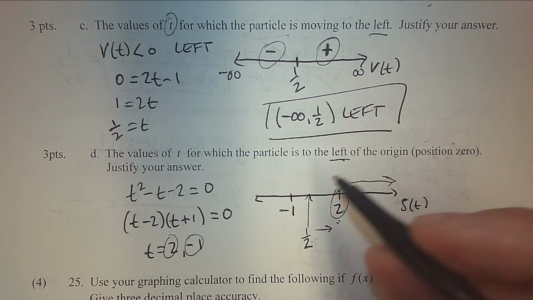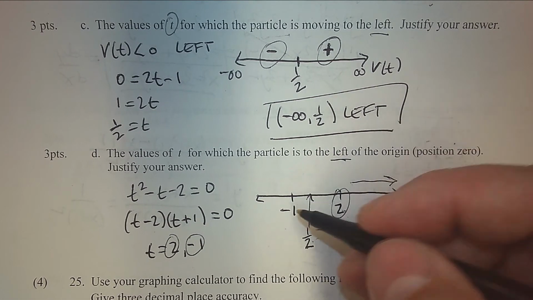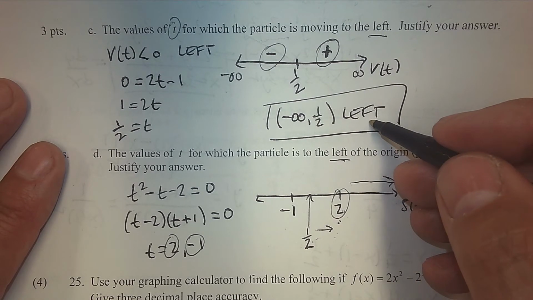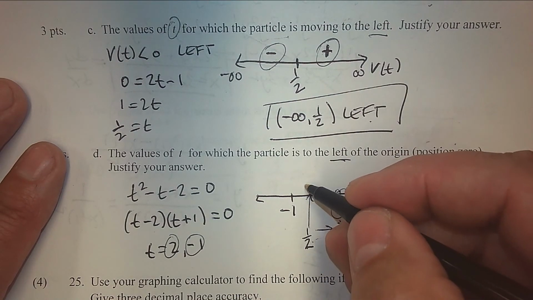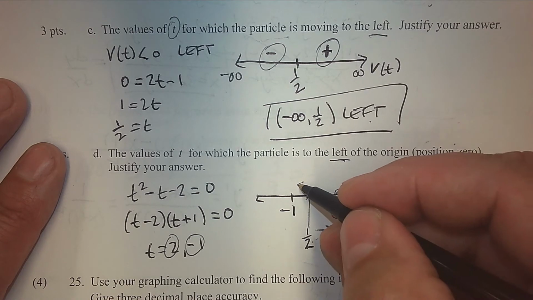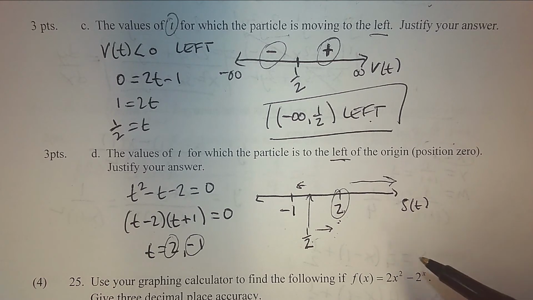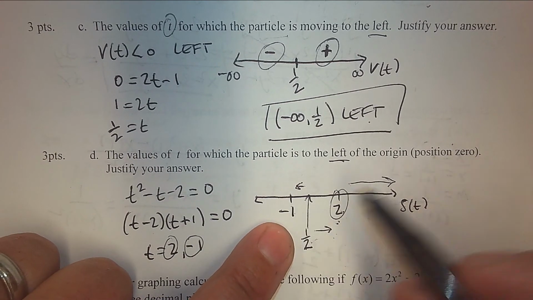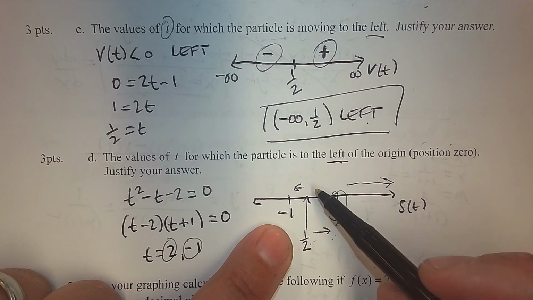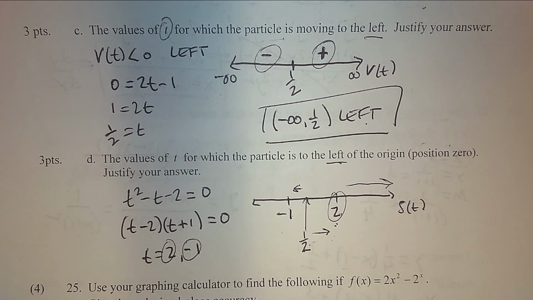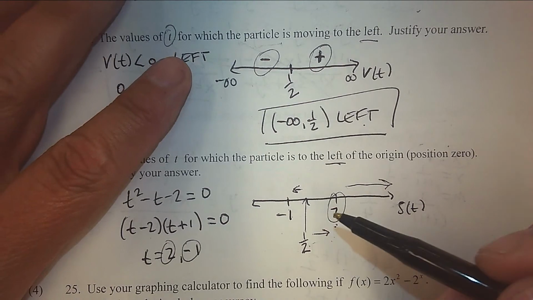And what's happening over here at negative 1? Well, here it's moving to the left. And so at negative 1, it's moving to the left. Remember, at negative 1, it's also going to be 0.